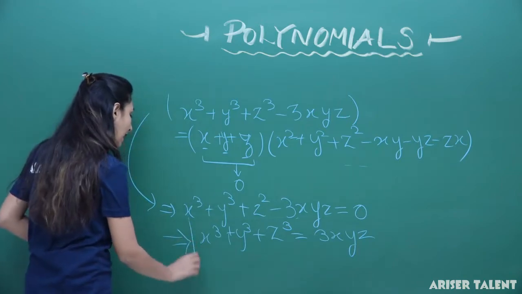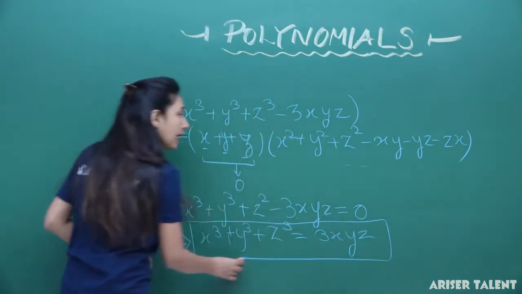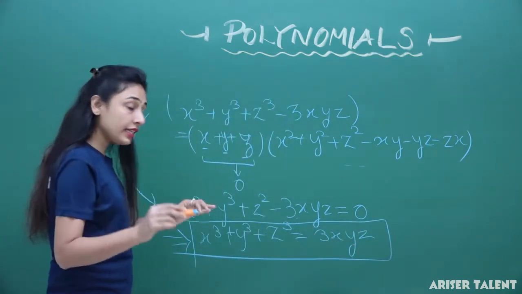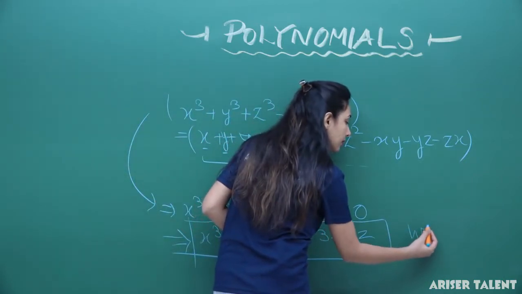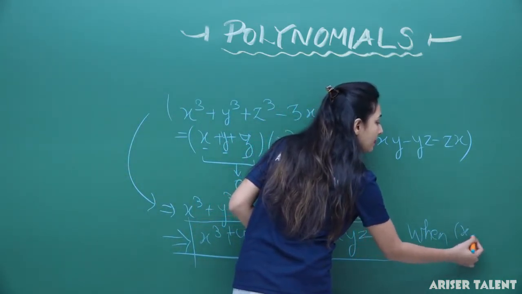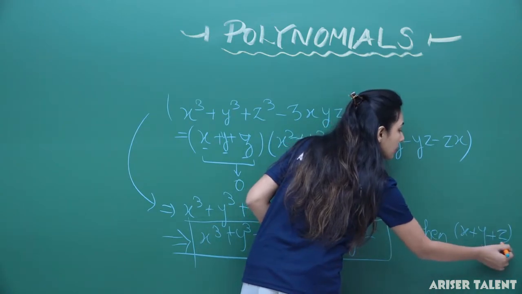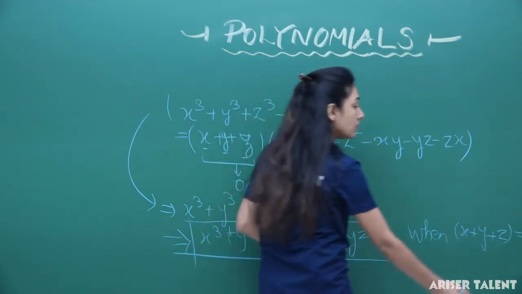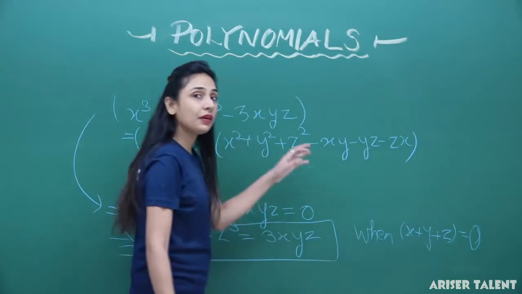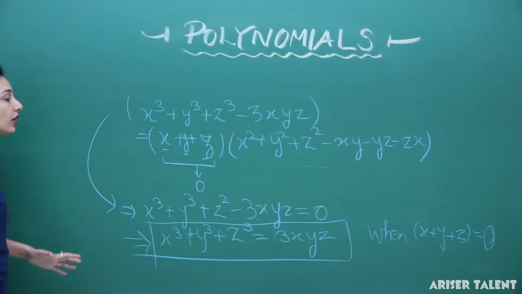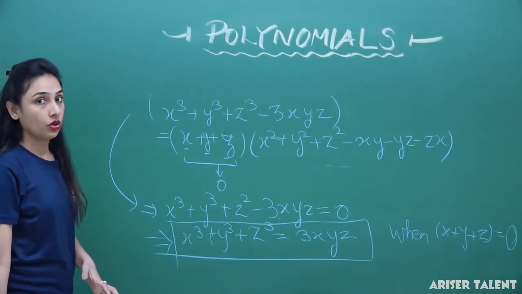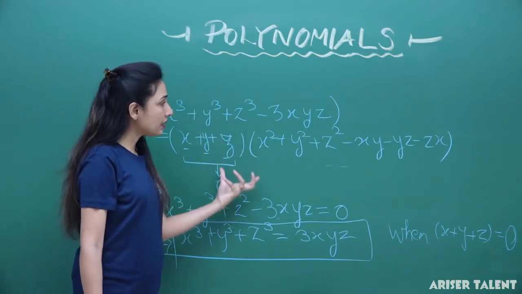So here we are having this formula in a condition when x plus y plus z is equals to 0. In that particular condition, this formula will work. Now, we are going to learn these things.